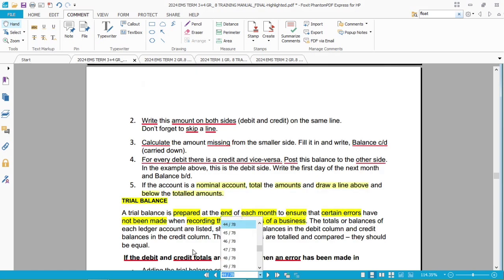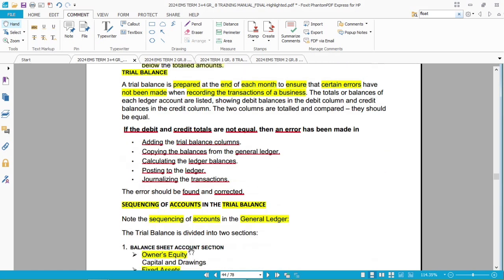Okay, I want us to go back to our trial balance, and the second paragraph says if the debit and credit totals are not equal, then there's an error that has been made. So the error may be adding the trial balance columns.